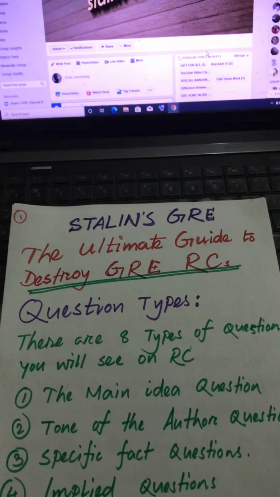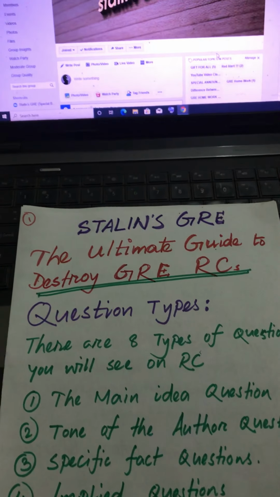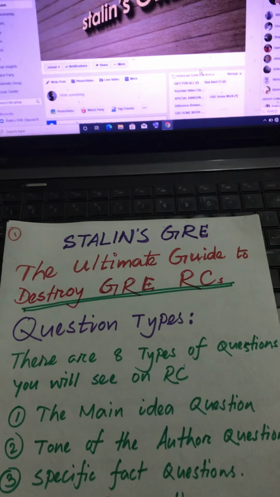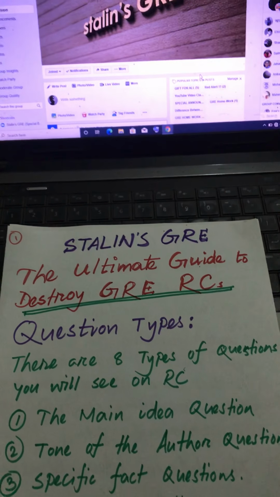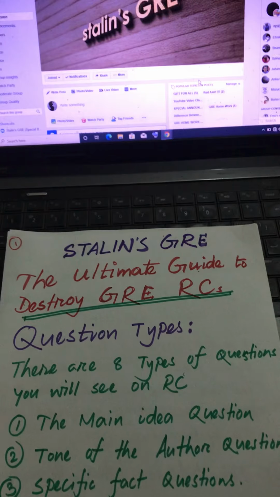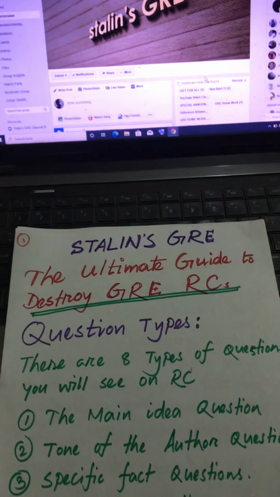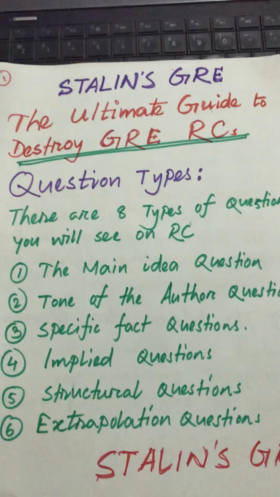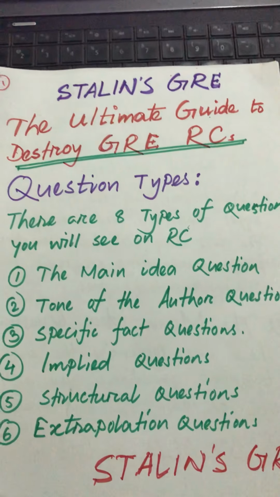To do well in the GRE RC sections, you have to know the question types. If you don't have a clear idea of the question types, you can't answer them properly. So what are the question types in the GRE RC sections? There are 8 types of questions you will see.